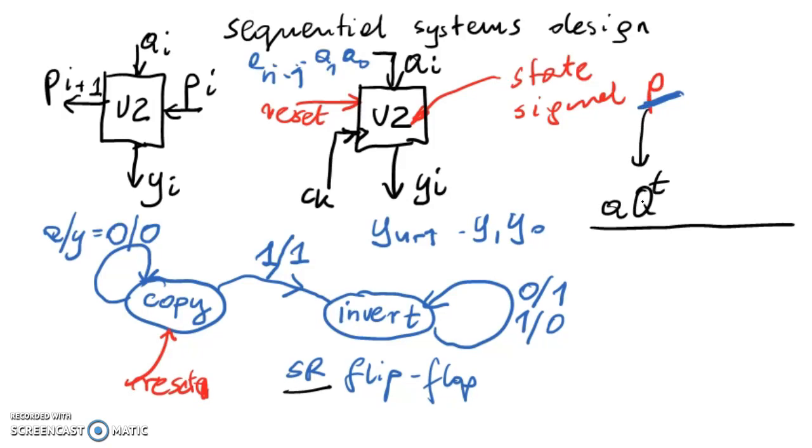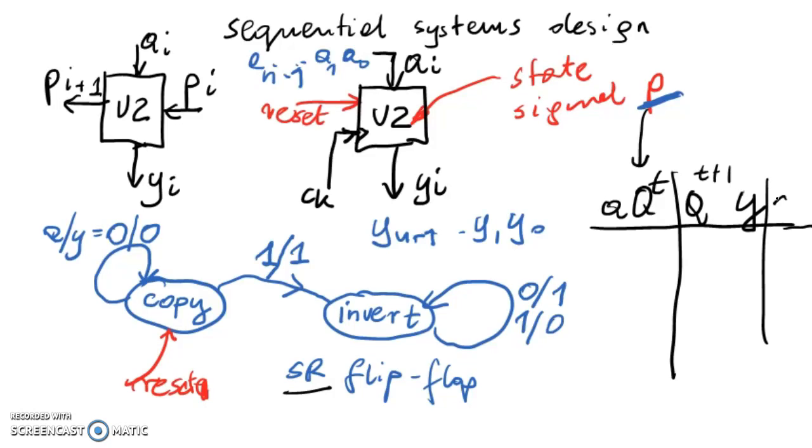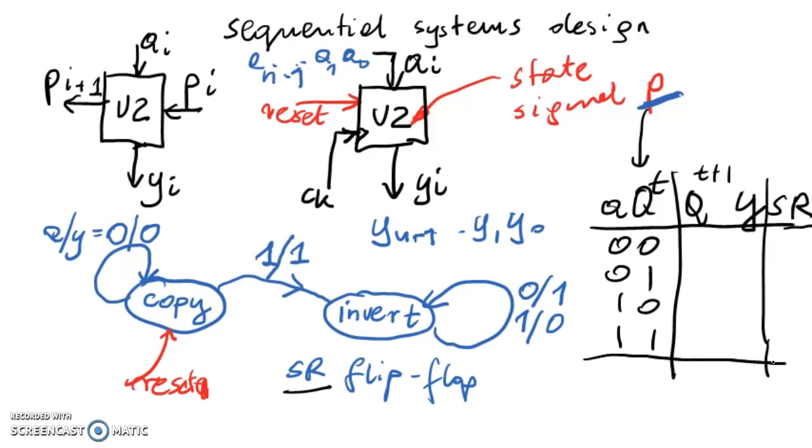It is this signal P, sorry, and Q of t plus 1 is the next state of P, the next value of the state vector. In this case, it is similar to P in the combinational version, and Y is the output function. Then you must have S and R as the inputs of the state flip-flop: 0 0, 0 1, 1 0, 1 1, all the cases are here. And you simply read out the next value and Y from this diagram.